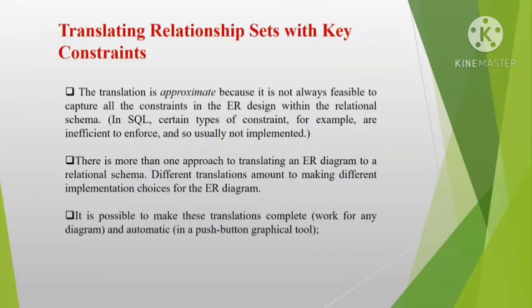Translating relationship set with key constraints: translation is always approximate because it is not always possible to capture all the constraints in the ER design with a relation schema. There is more than one approach to translate an ER diagram to a relation schema. It is possible to make these translations complete and automatic.